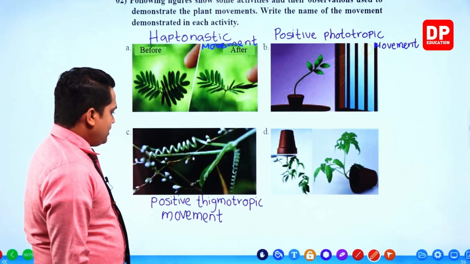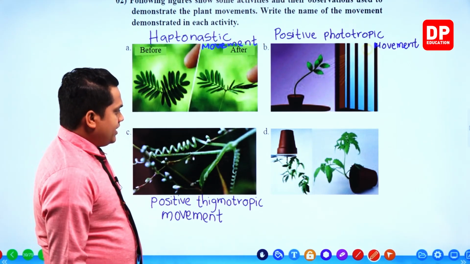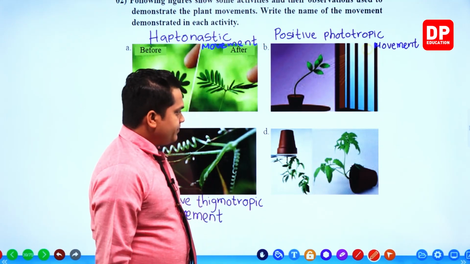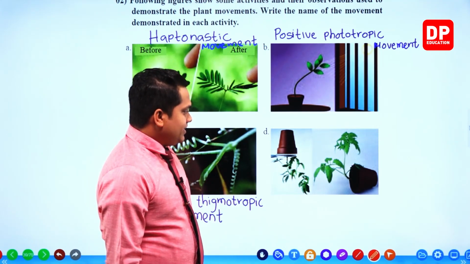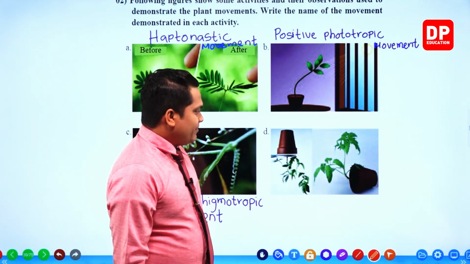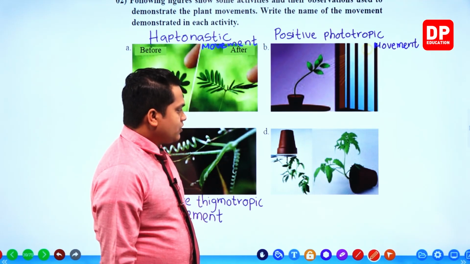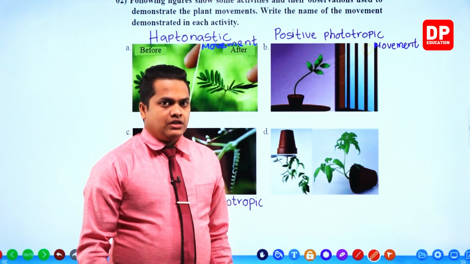Positive thigmotrophic movement. Here, within this one, you can see clearly that the stem or shoot of the plant is growing away from the soil.